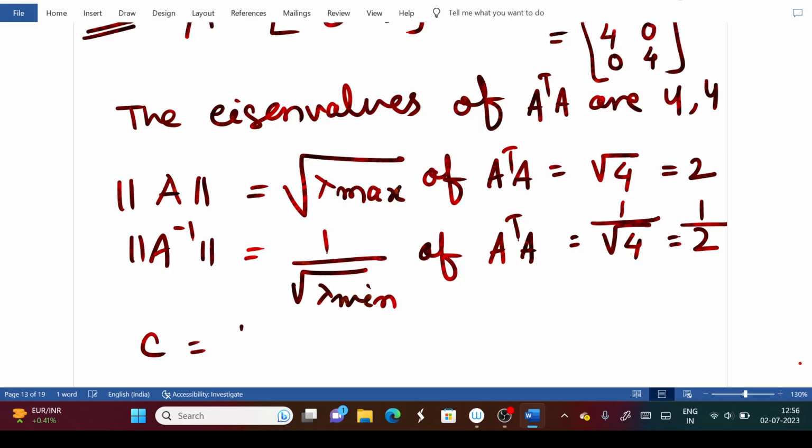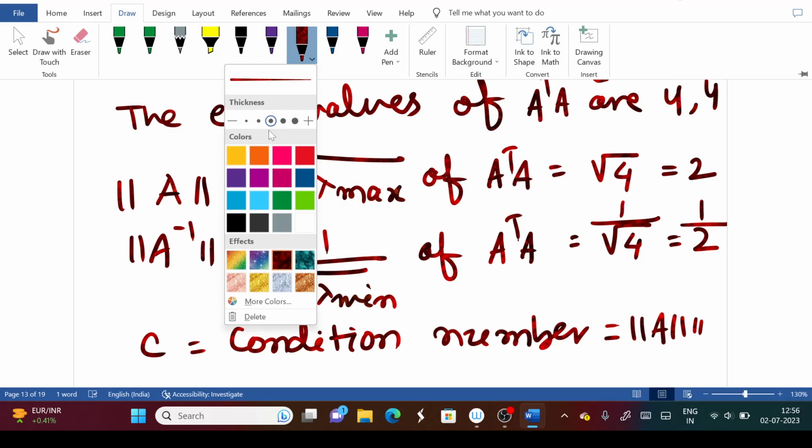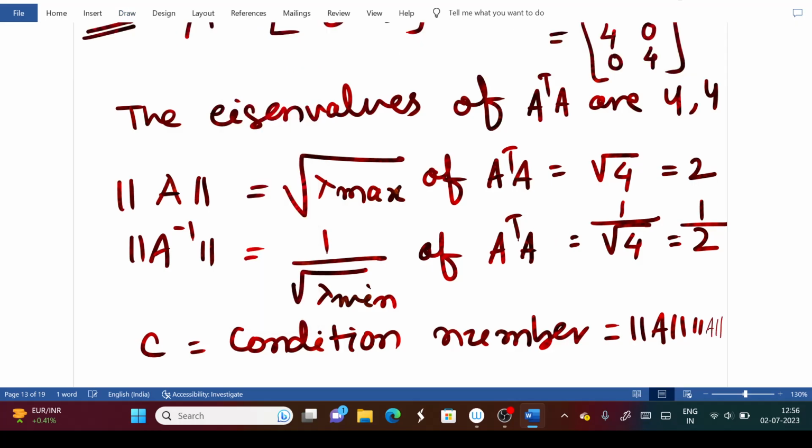So C, the condition number, is equal to norm of A into norm of A inverse.